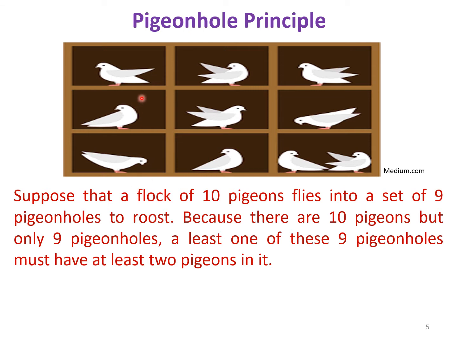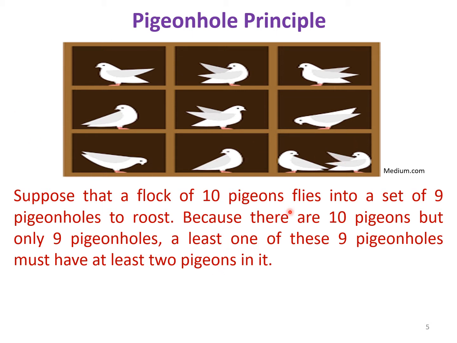Suppose that a flock of 10 pigeons fly into a set of 9 pigeonholes to roost. Because there are 10 pigeons but only 9 pigeonholes, you can see here 1, 2, 3, 4, 5, 6, 7, 8, 9 pigeonholes, whereas 10 pigeons.